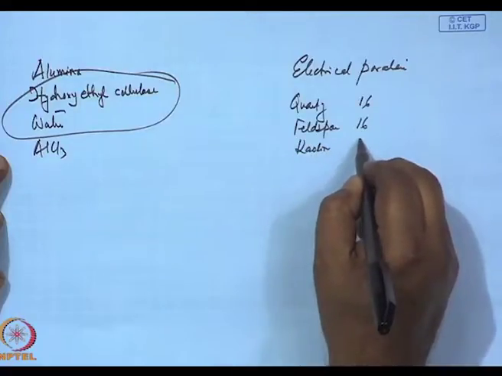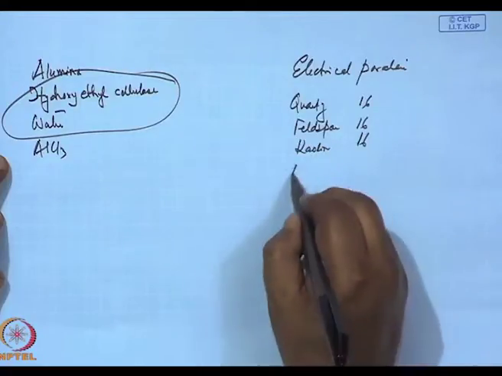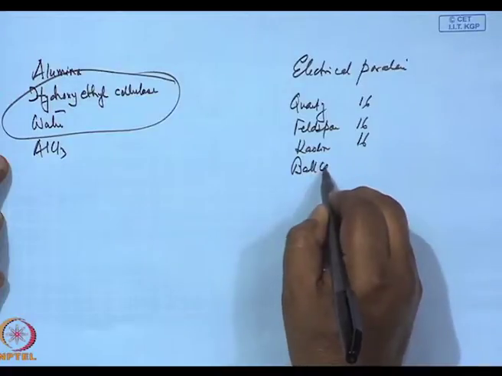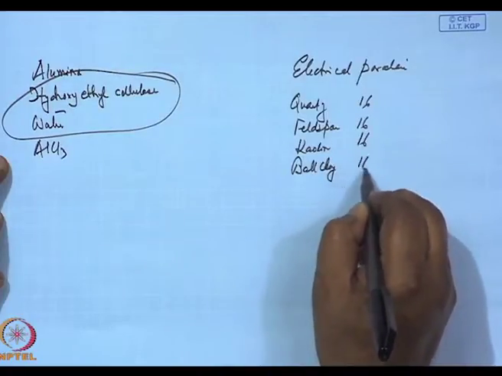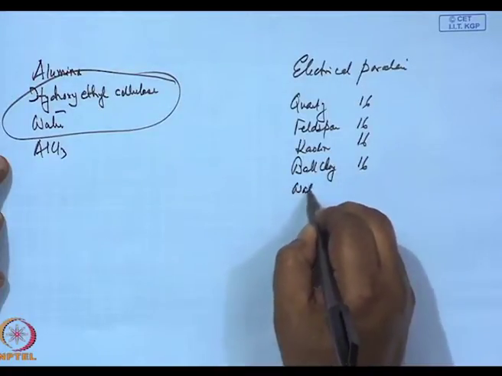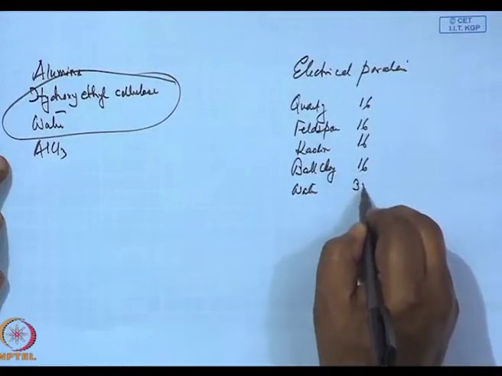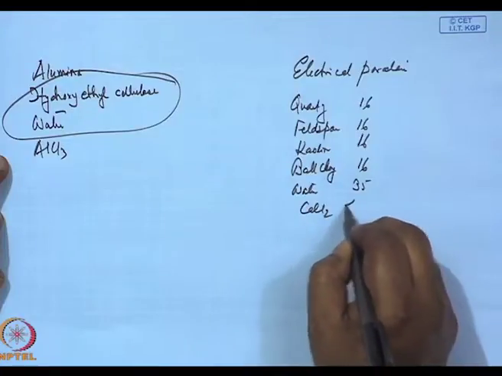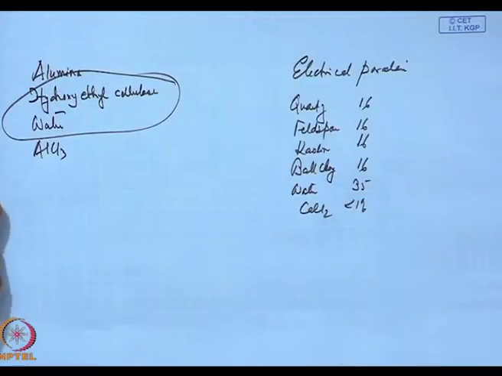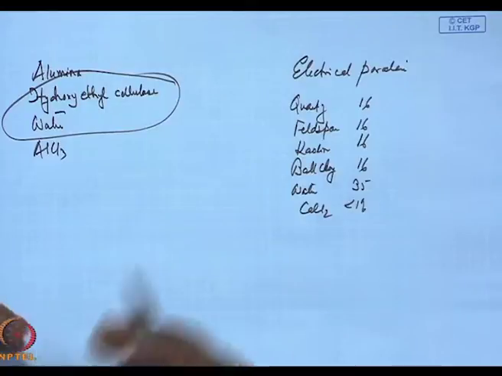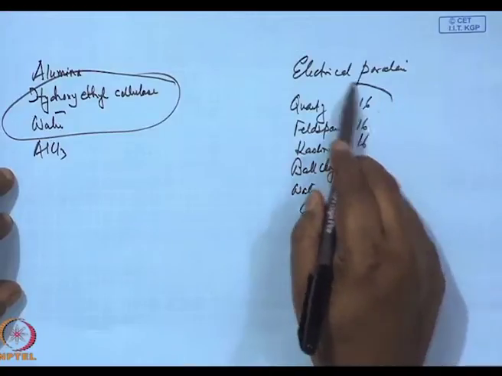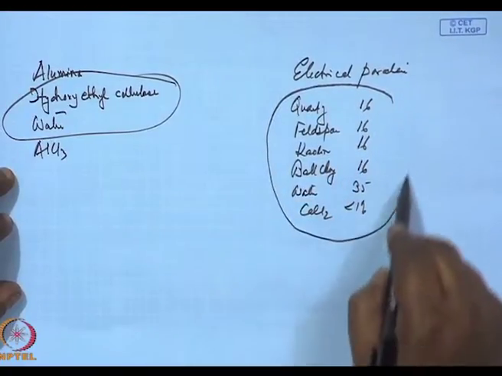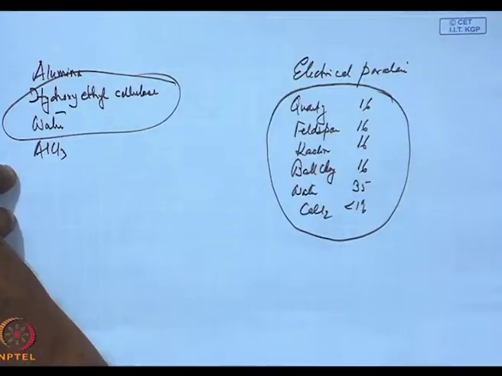Now this is clay based, ball clay, water, and calcium chloride, which aids in dispersion. We can use various combinations. You can see here, I have taken merely the raw materials.